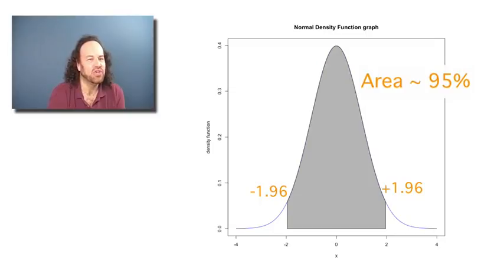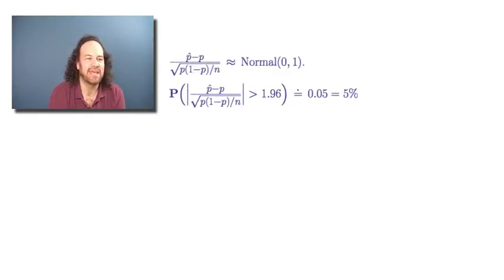So usually, if you have a normal distribution, you'll be between minus 1.96 and plus 1.96, which means that only 5% of the time will you be farther away than that. In other words, the probability that this quantity will be more than 1.96 away is approximately equal to 5%, or 0.05.